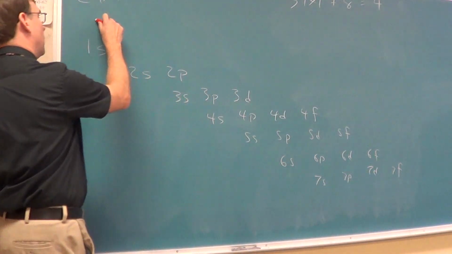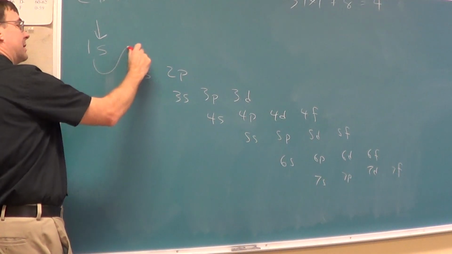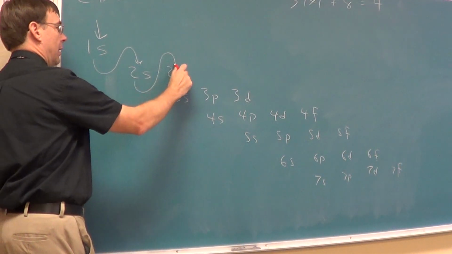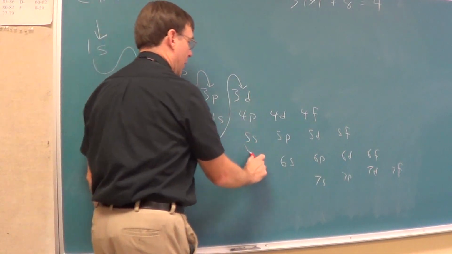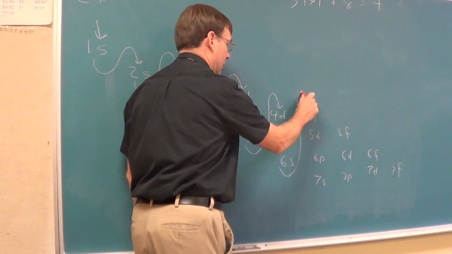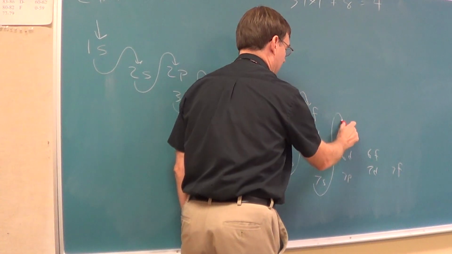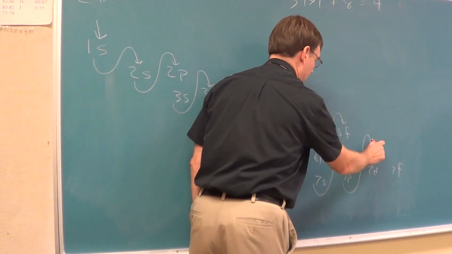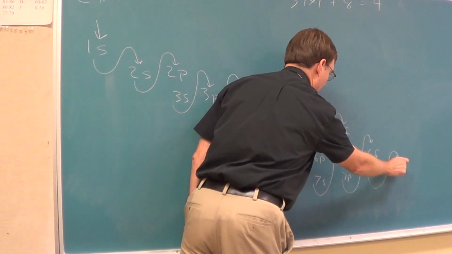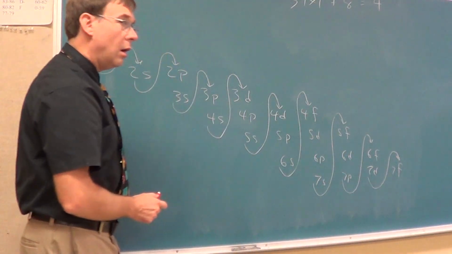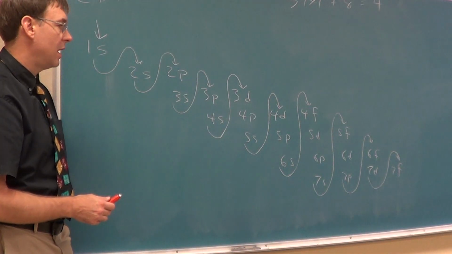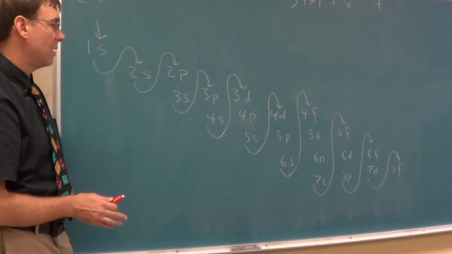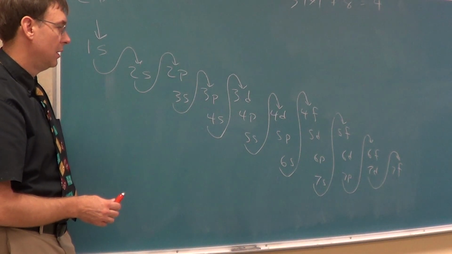And then we draw these little loopies. We start with 1S, and then we go there, and then we go there, and there, and so on, so forth. Here we go, and there we are. You don't have to put any of those add-up cheat numbers that I gave you yesterday to help you keep track of the math of how high you rose.